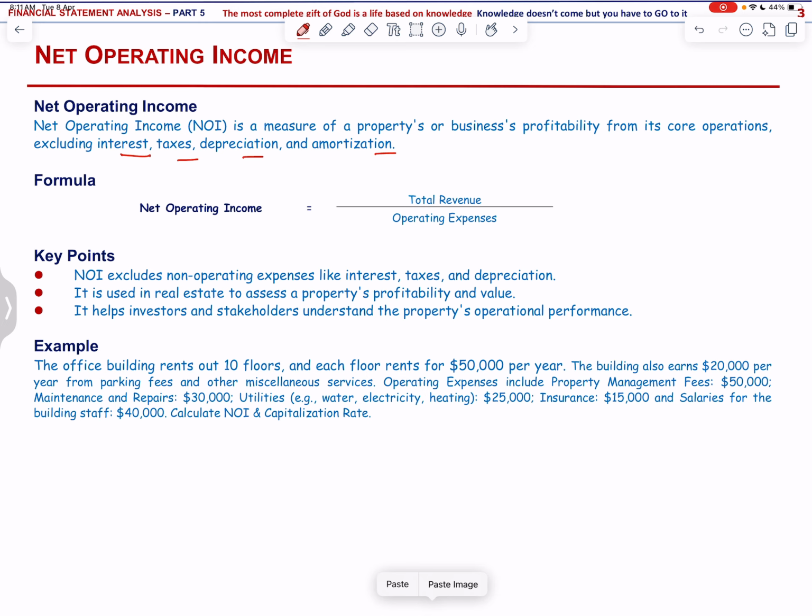The formula? It is total revenue minus operating expenses.